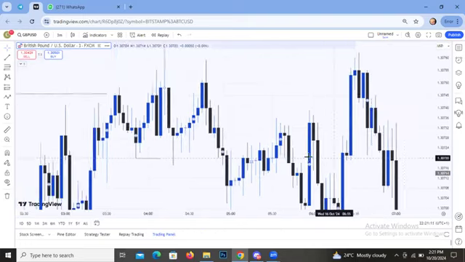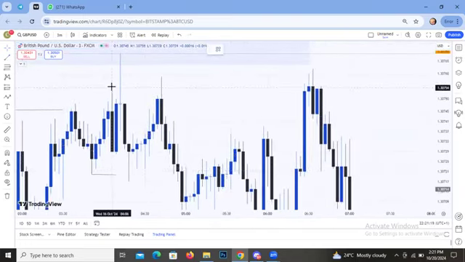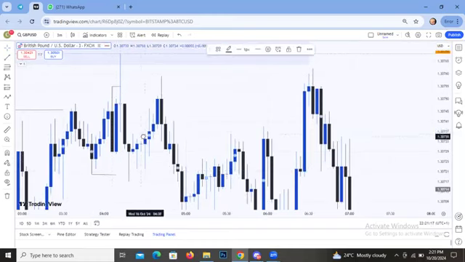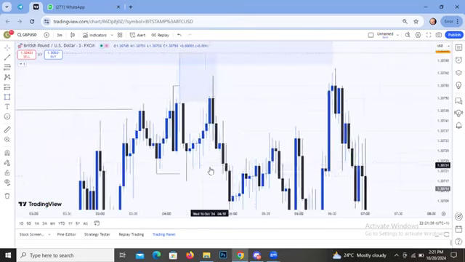Okay, here you can see something like a sweep. Then after touching the POI, the market went down, right? Creating a change of character. Then the retracement should be something like this, right?